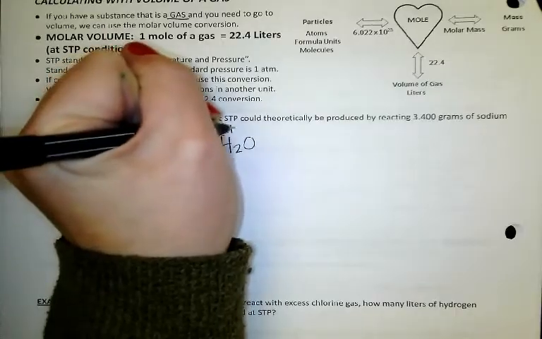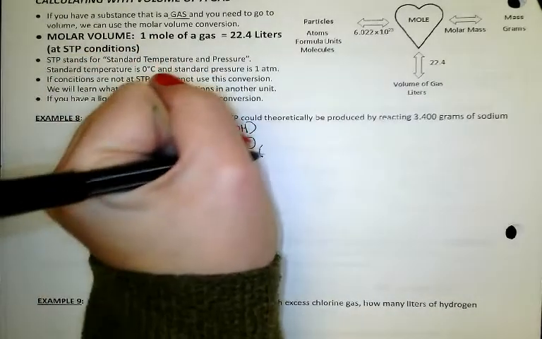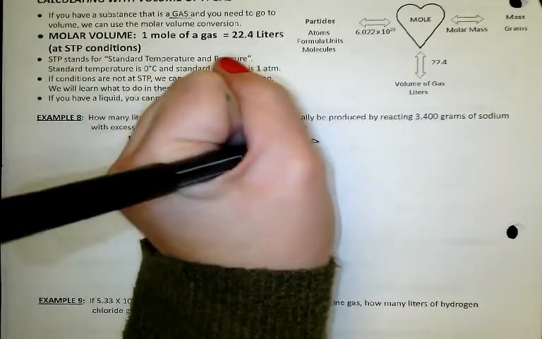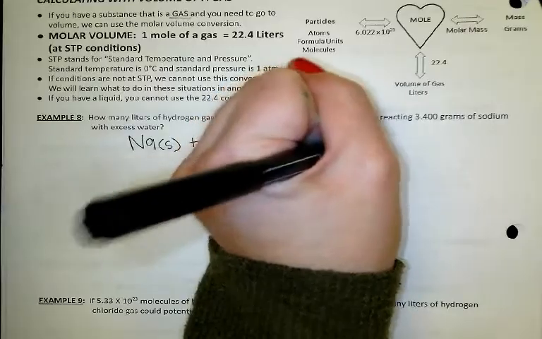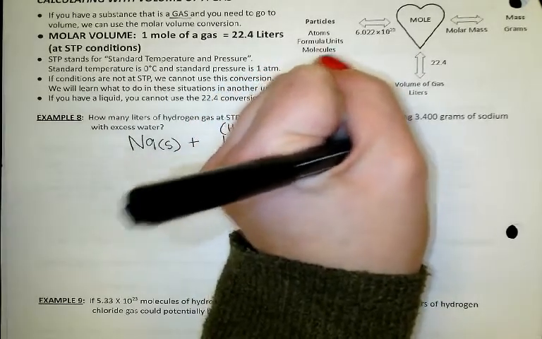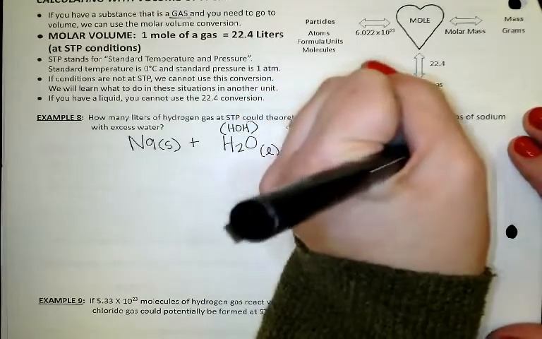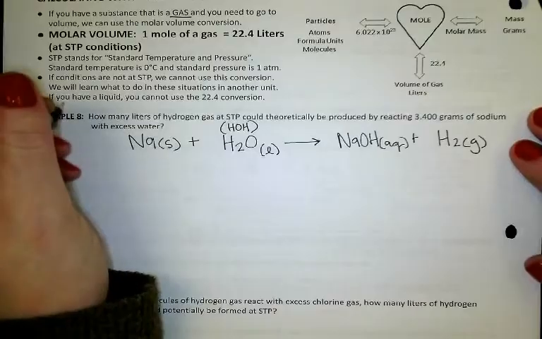Now remember, you can write water as HOH. That helps the balancing. That is a liquid. And that is going to produce sodium hydroxide, which is aqueous, and hydrogen gas.